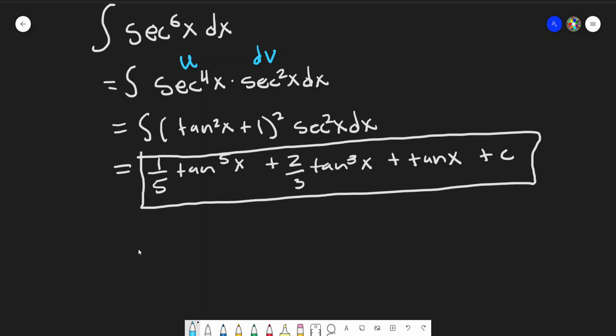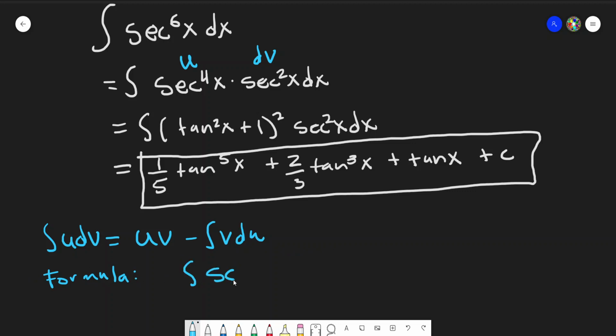But if you are going to go the route of using integration by parts, the uv minus the integral of v du, and this is our integral of u dv. If you're going to use this route, then I feel like maybe it might be just better to use a formula that you can derive for secant to the power n x dx by the use of integration by parts.